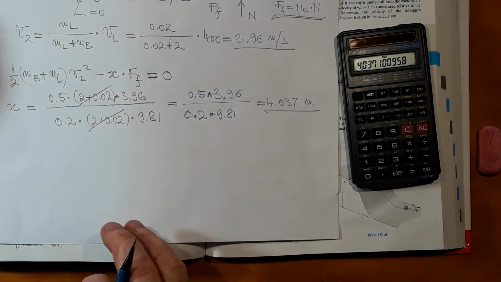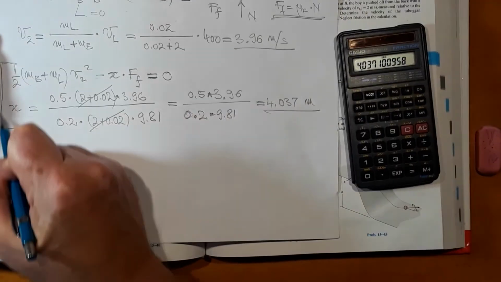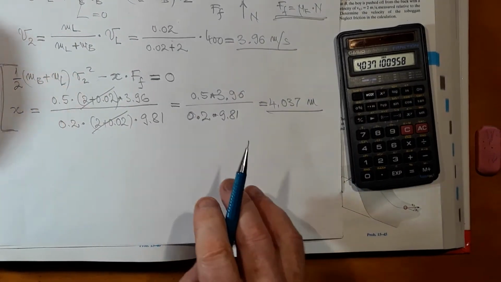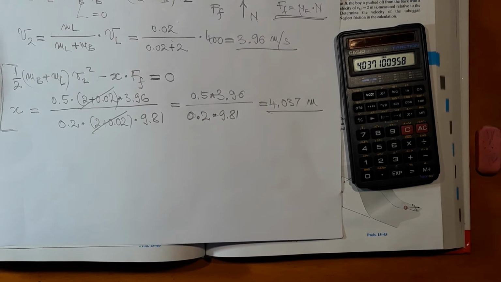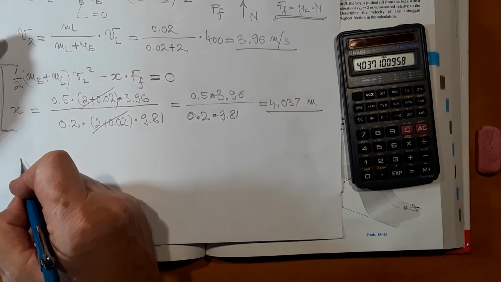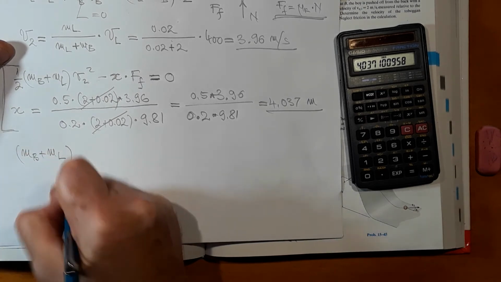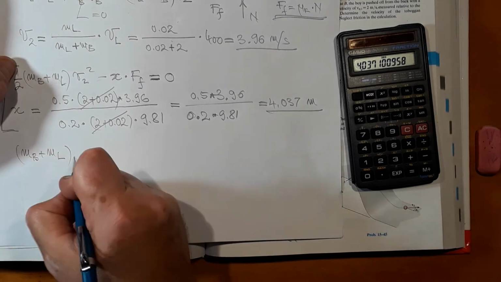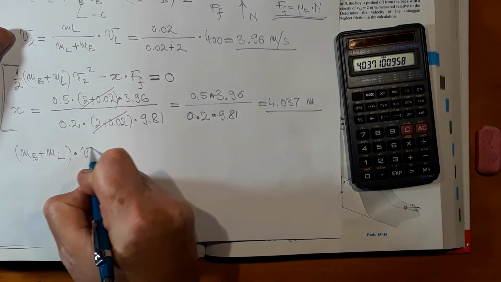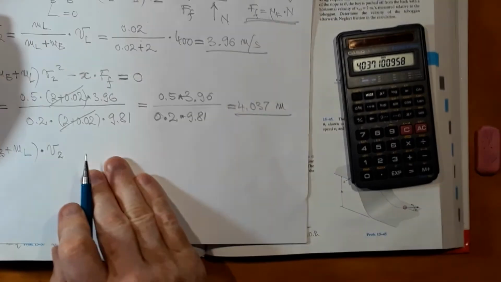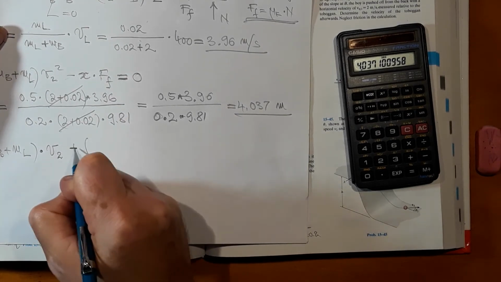The other approach is to use linear momentum. So we can state that mass of the block plus mass of the bullet times the velocity of the two together initially plus the impulse.